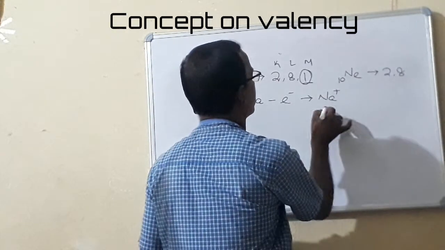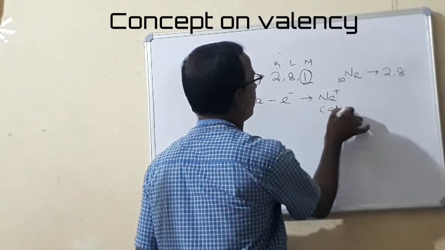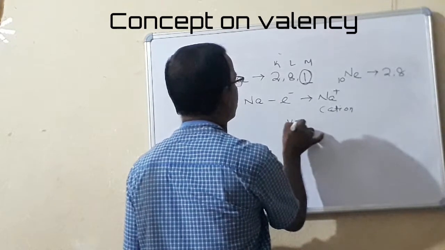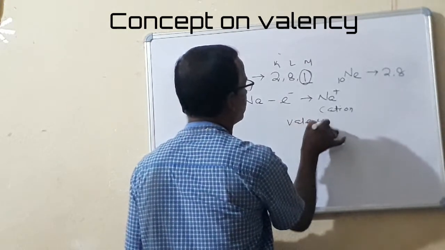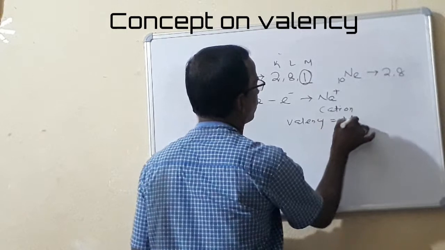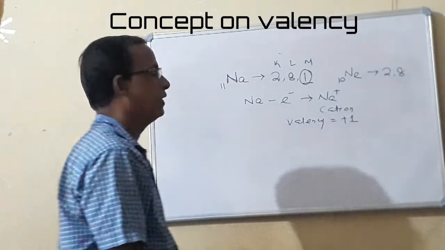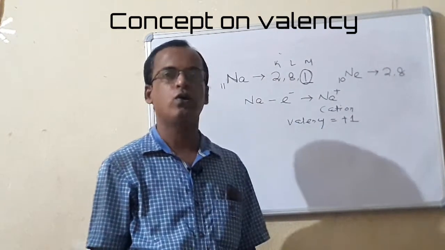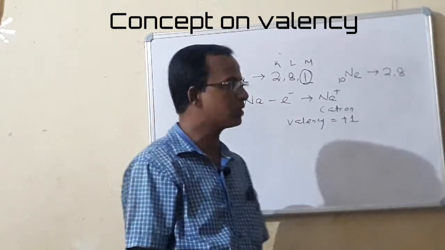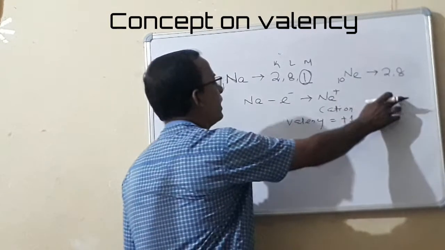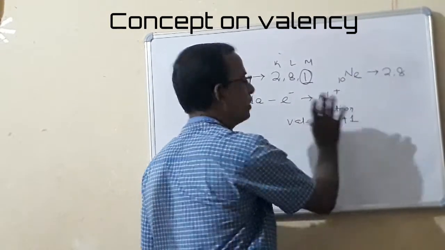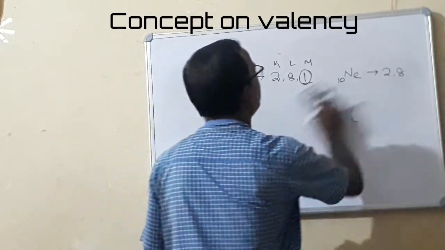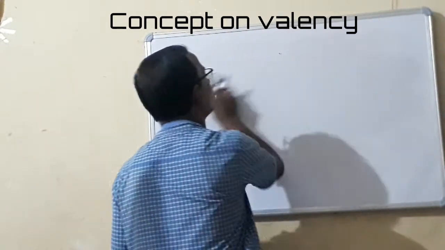So its valency is equal to plus 1, because it donates only one electron to be stable, to attain the nearest noble gas configuration of neon. Its orbital structure diagram we can also represent.